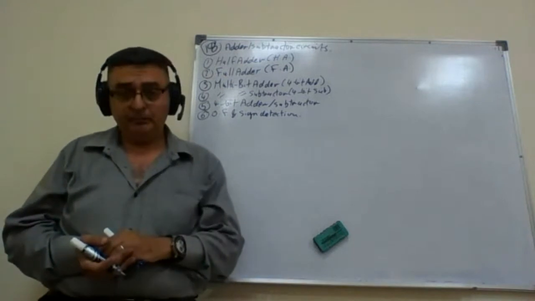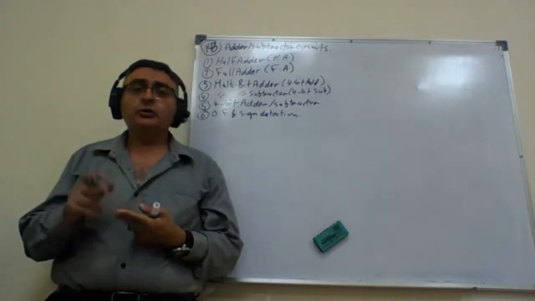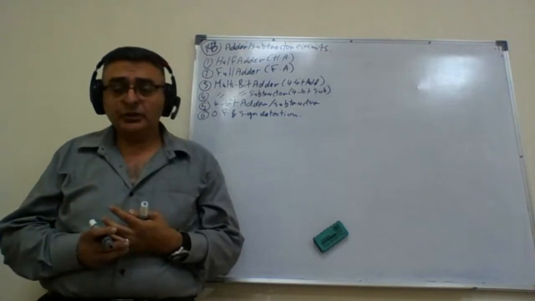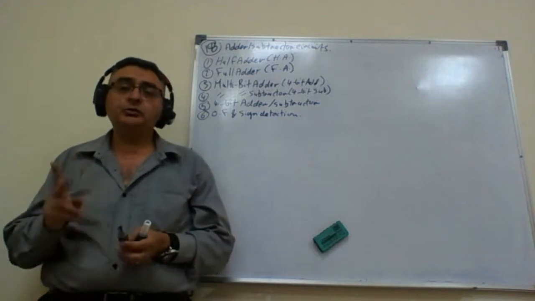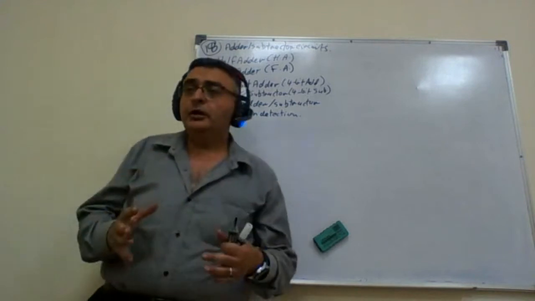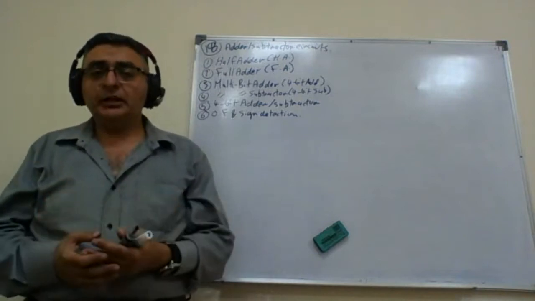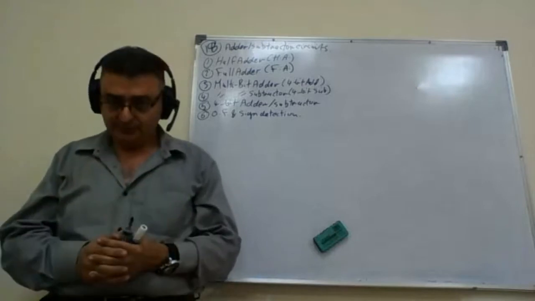Now I want to build a circuit that performs the operations that we have learned in chapter 1. In chapter 1, we learned how to represent the numbers and also how to add and subtract numbers in binary. We learned two methods or two representations for numbers. We learned how to add and subtract for unsigned numbers and for signed 2's complement numbers.